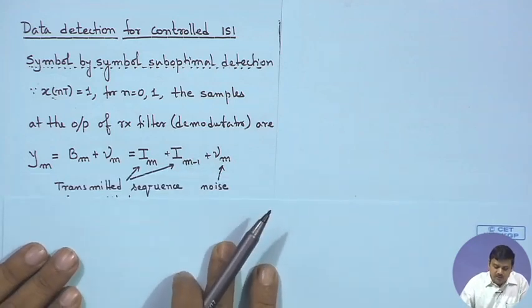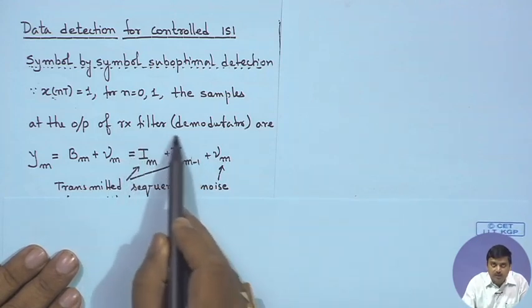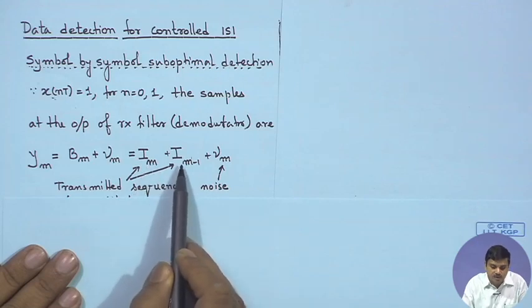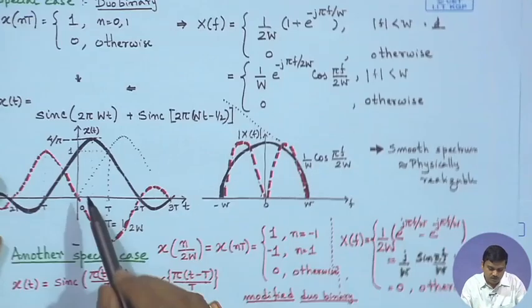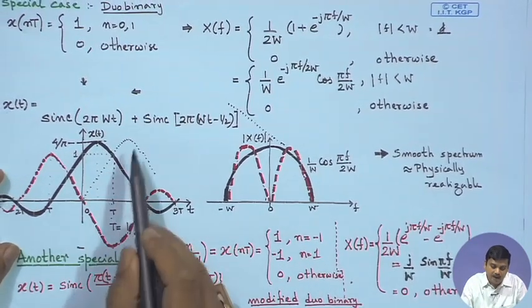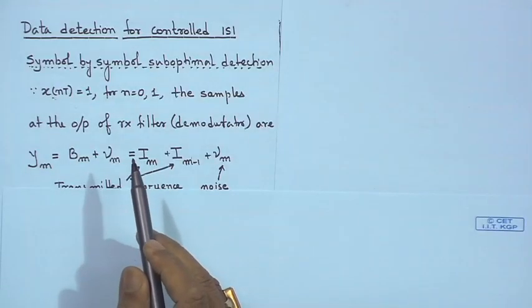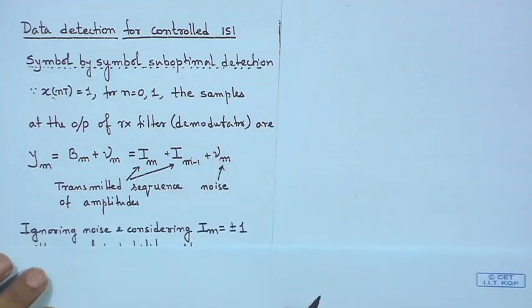So, these are the transmitted sequences. Because of intersymbol interference, we are seeing controlled intersymbol interference because of the symbol and the previous symbol, which we had drawn in the picture here. So, there is an interference here, right. So, that is what we had depicted, and this is the noise, of course, we have stated.